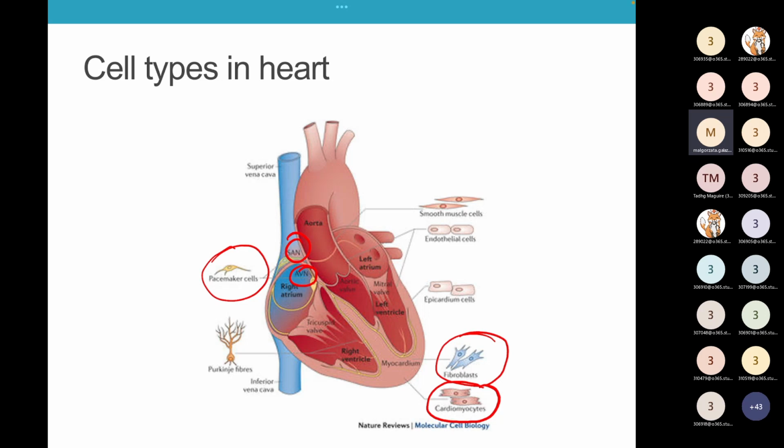The pacemaker cells within SA node and AV node can generate action potential spontaneously without a stimuli coming from the central nervous system.